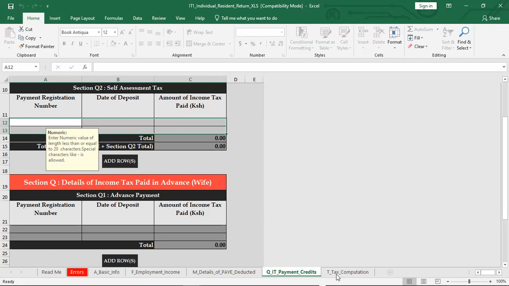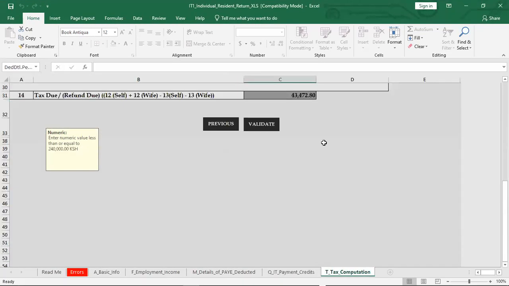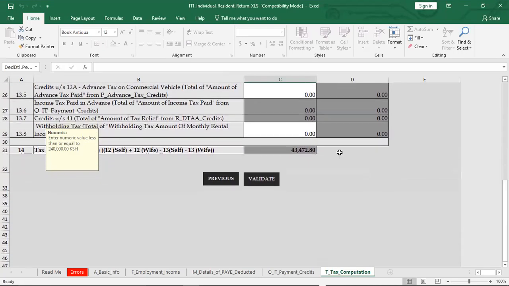So at the end, do you see this one? So, you see here? The column here. Yes. So here you see 43,482, isn't it? You remember when we were doing our discussion, we said once you get a positive figure, that is tax due. When you get a negative, that is tax refund.